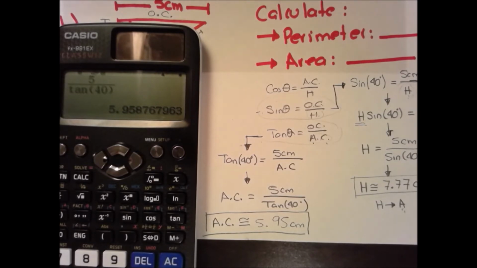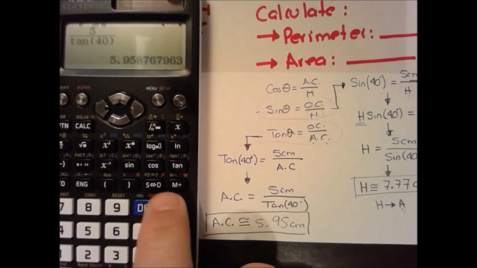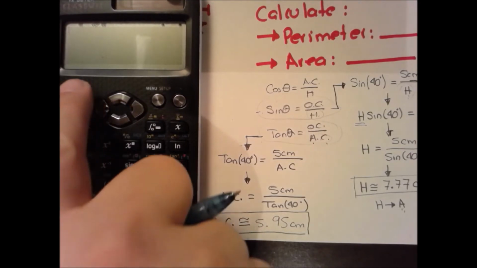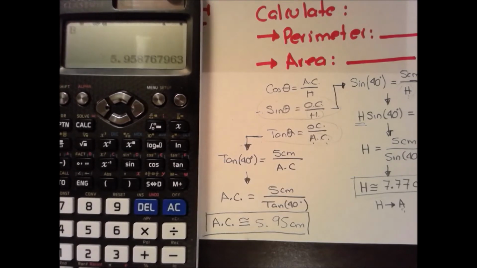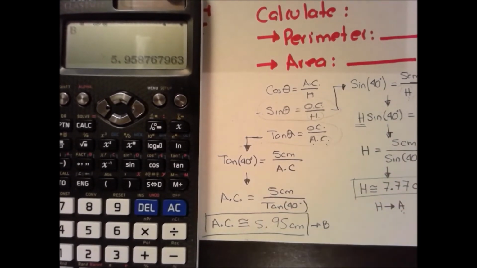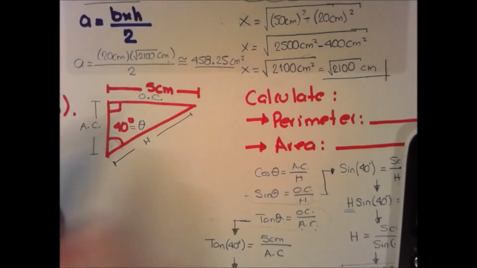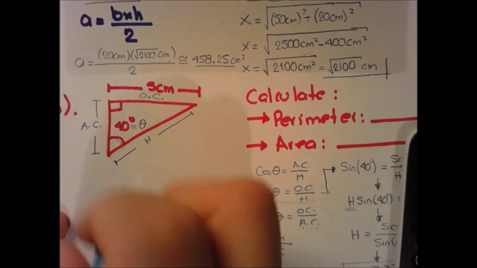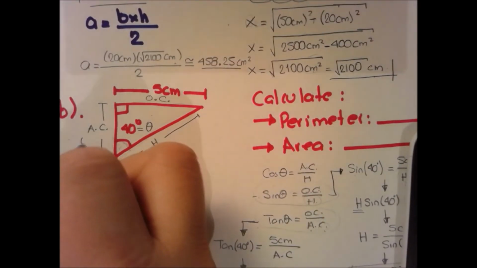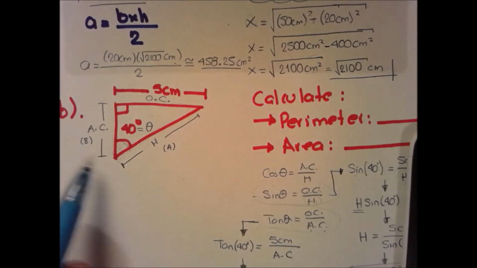What I'm going to do, easy: AC, answer, equal, store in B. You can verify that on B you have right now this number. I'm going to write over here B. So if I continue with my problem, I can say here with a parenthesis that this is going to be A, and this is going to be B according to my calculator.